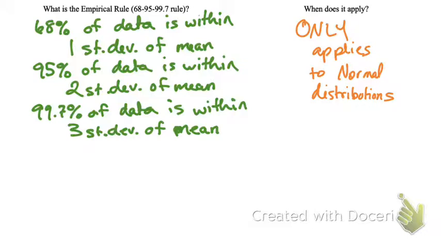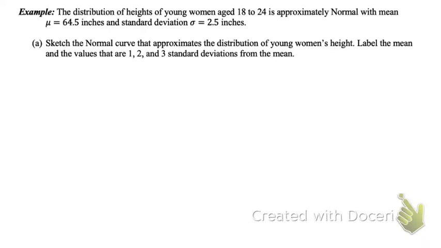No. Right skewed? No. Bimodal? Uniform? No. None of the things unless it is unimodal and symmetric and it looks bell curvy. Okay? It only works for bell curves. Cool? All right. 68, 95, 99.7. Okay. Now for the fun part.